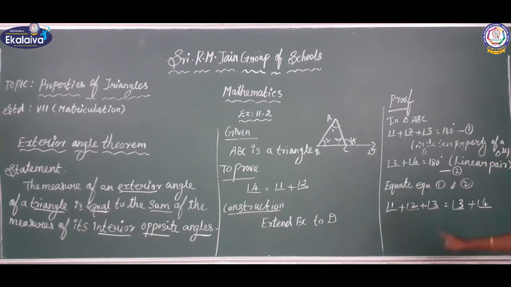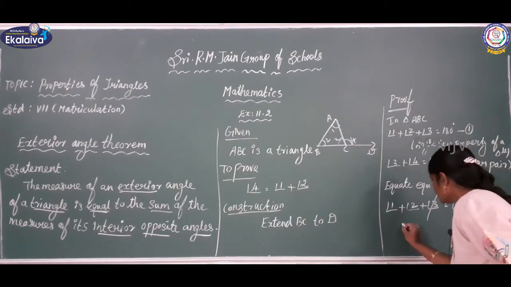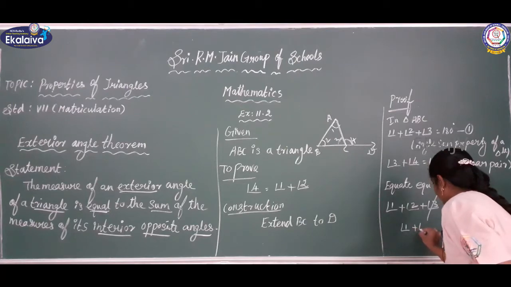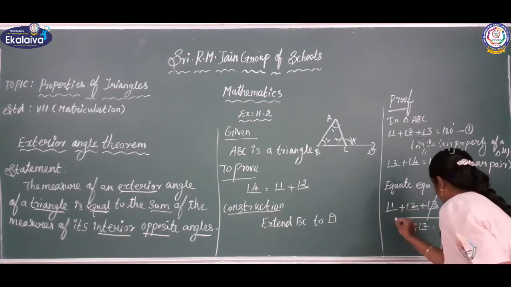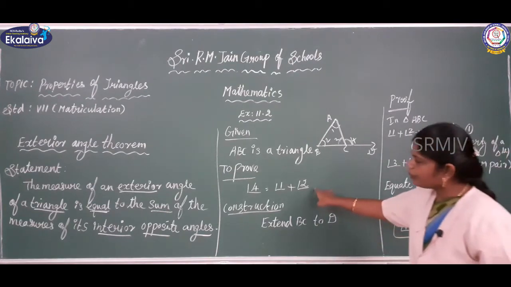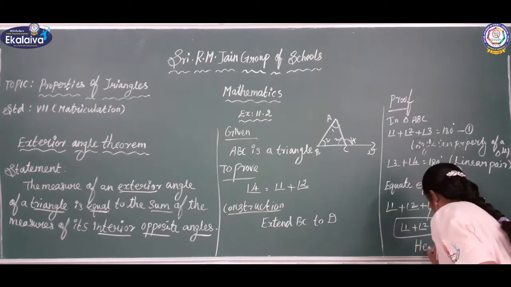Okay, see here angle 3 cancels. What is remaining? Angle 4 on this side, angle 1 plus 2. So angle 1 plus angle 2 equal to angle 4. This only we needed to prove. Hence proved.